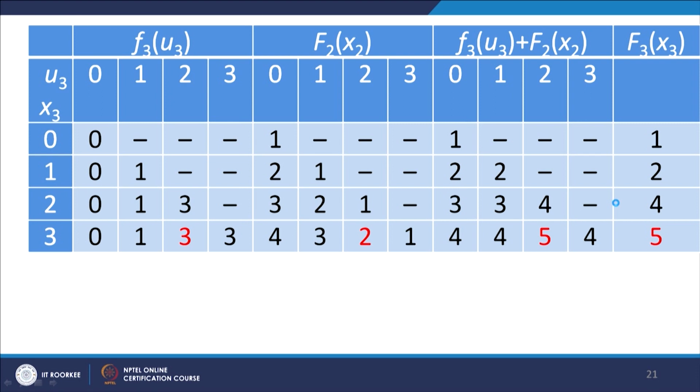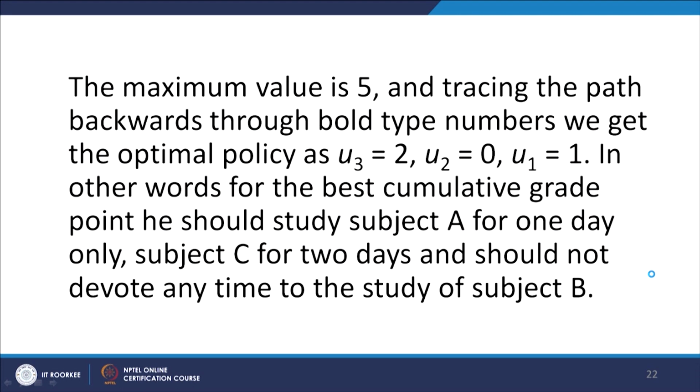So, here also you can just check these values, for example, this 3 and 2. So, 3 plus 2 is 5 and this 5 comes here, and that is the value of our F3(x3). So, the maximum value is 5.